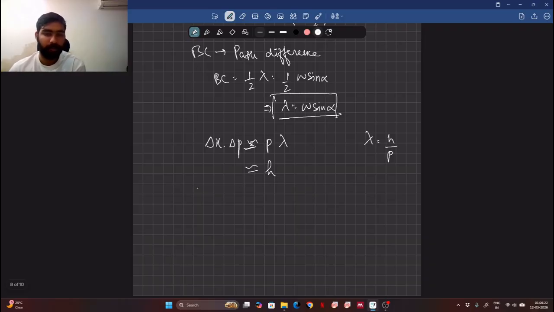So this concludes that if we are narrowing the slit, this increases the spread in the diffraction pattern.